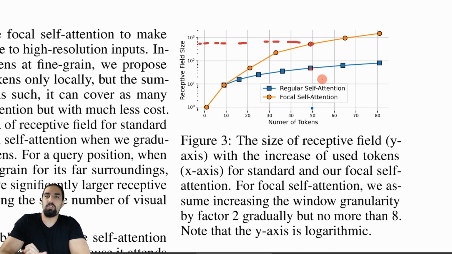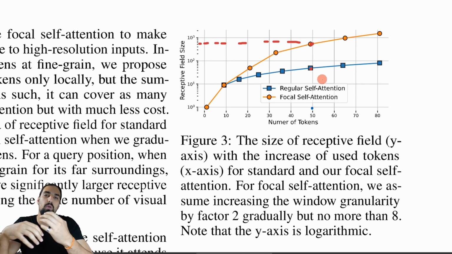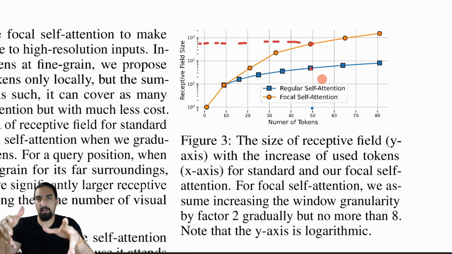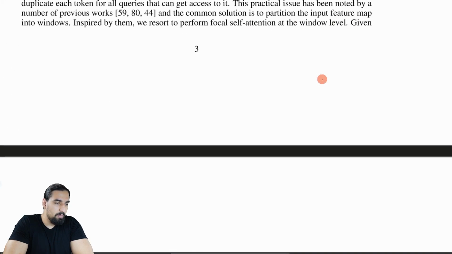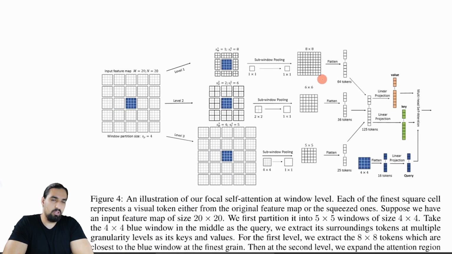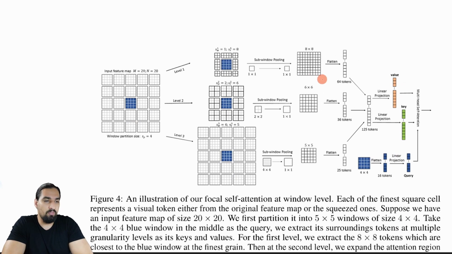The reason, as we saw, is that as we get further away from the query token, we're attending coarser and coarser tokens. So for the same amount of tokens, we can have a huge receptive field.